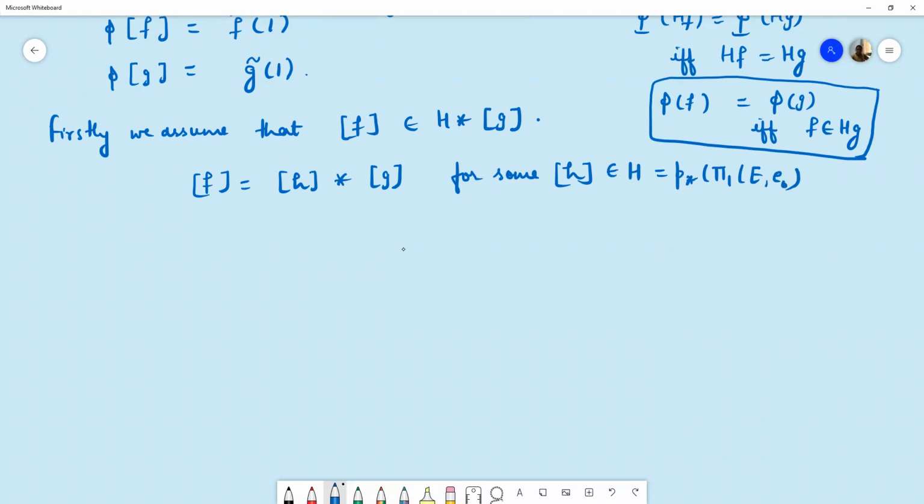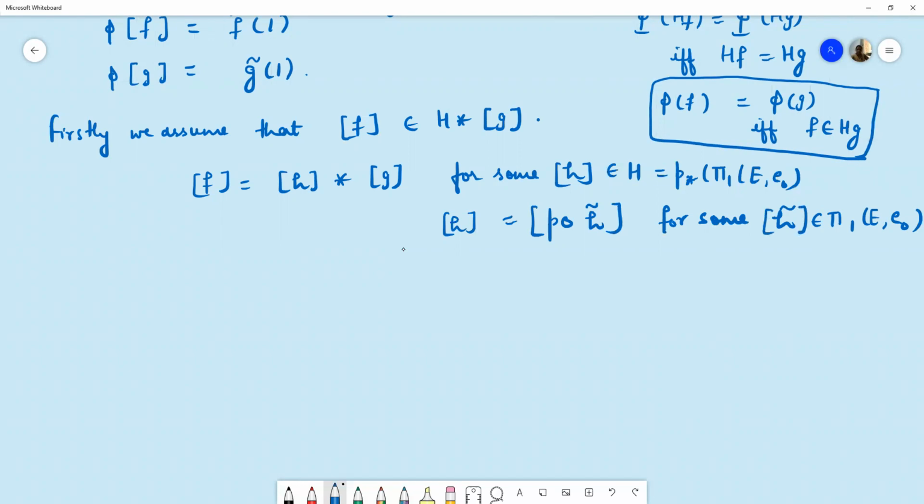It means if this h belongs to the image of p star pi 1 e naught, then h is equal to p circle h curl for some h curl belonging to pi 1 e naught. By definition, p star of h curl is equal to p star of the homotopy class of h curl, which is equal to the homotopy class of p circle h curl.